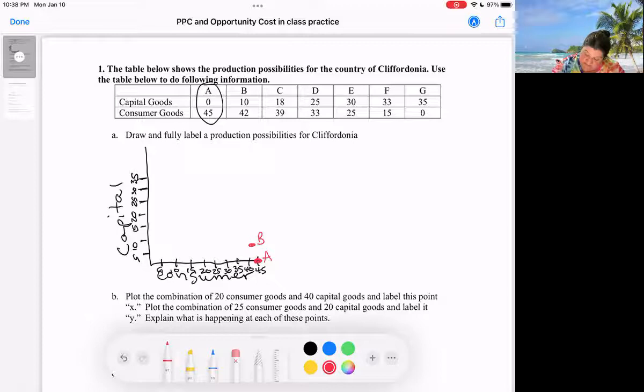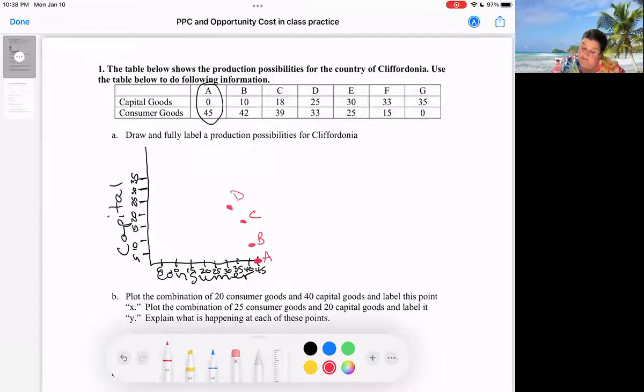Notice that all of these seem to be pretty close together to start. That's normal because usually what we see is a pretty sharp decline in the curve once we get towards the end of it. So here's point C. D is 25 and 33, which puts me right about here.